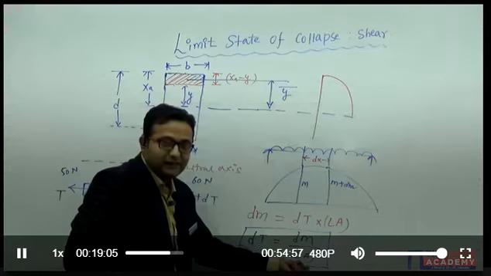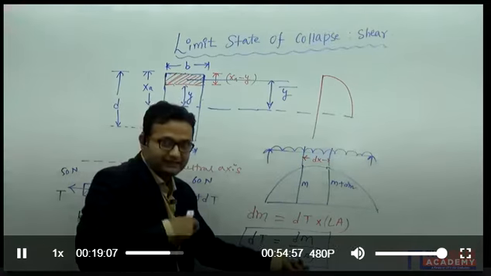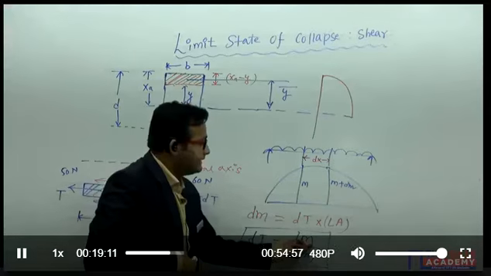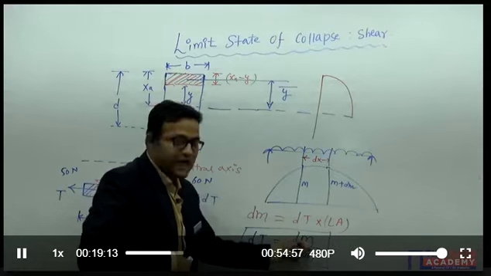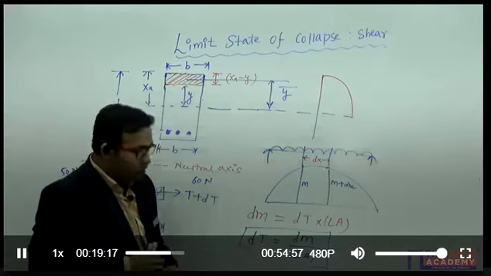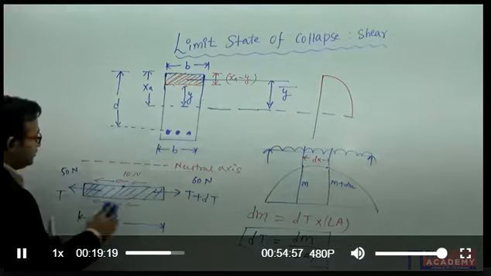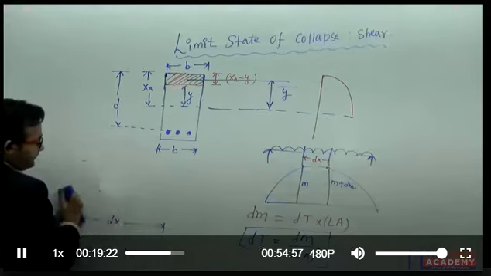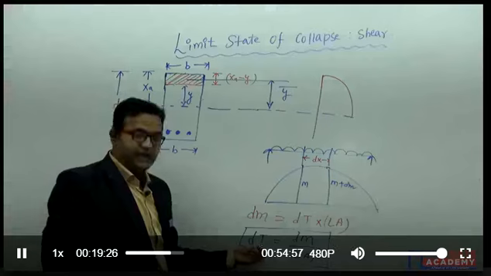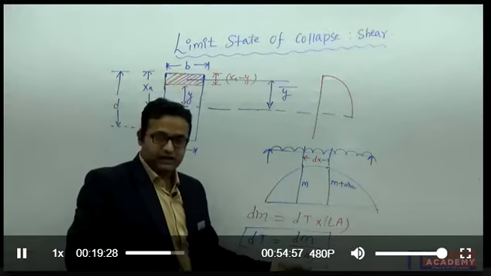Whatever lever arm is available for the reinforcement steel at that level, I will be calculating that lever arm, and the dM is the additional bending moment due to which I am getting additional tensile force in the steel. So how to calculate the shear stress distribution? See here, this is dT equal to dM by lever arm.